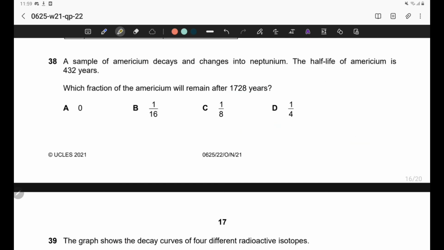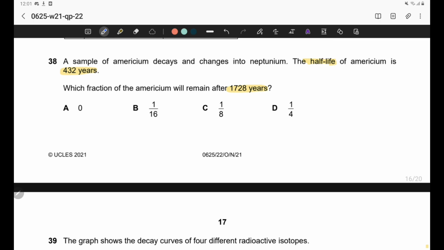Question 38. A sample of americium decays and changes into neptunium. The half-life of americium is 432 years. Which fraction of the americium will remain after 1728 years?